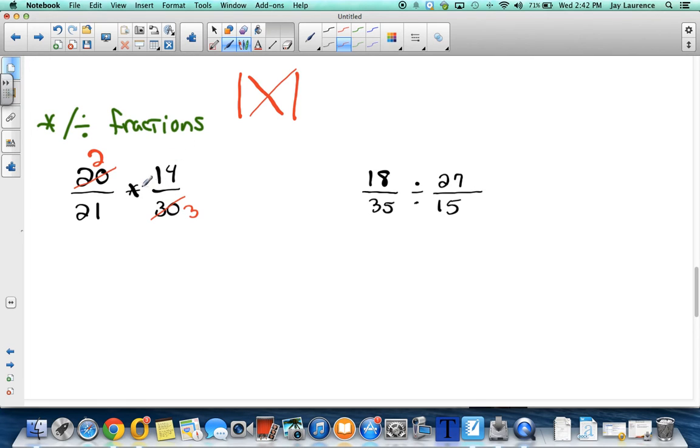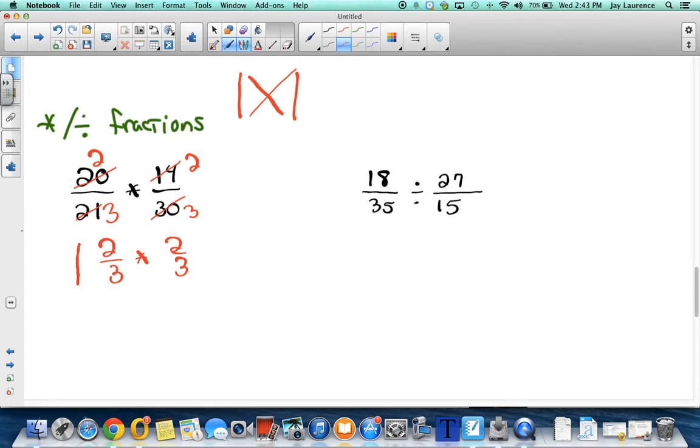Now, diagonally here, I see something. I see a 7 going into both of those. So I will divide them both by 7, and I'll get a 3 and then a 2. I don't cancel across horizontally because it doesn't follow my Wonder Woman pattern. So my new problem, which is really just a simplified form of the problem, is 2/3 times 2/3.